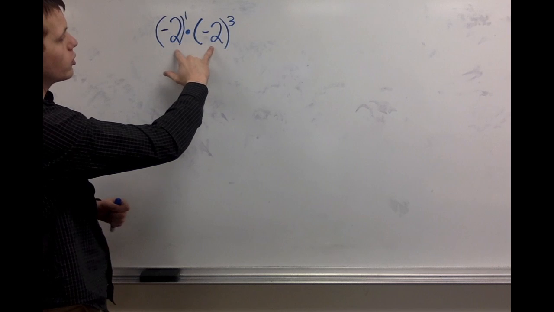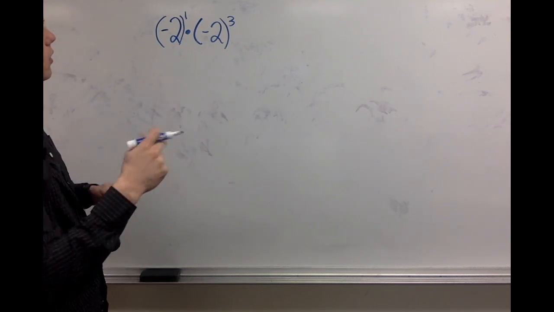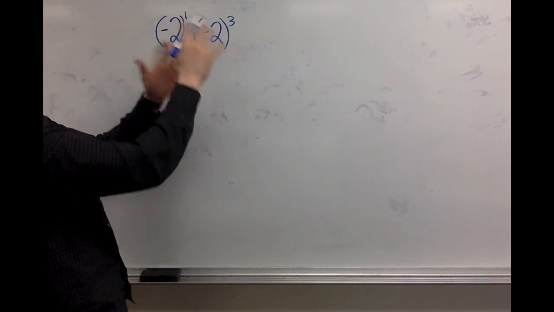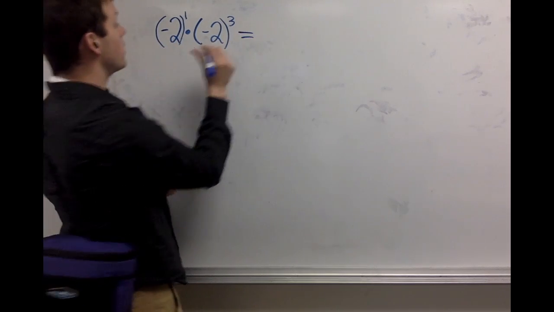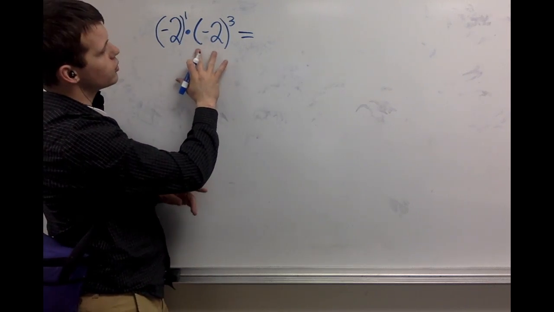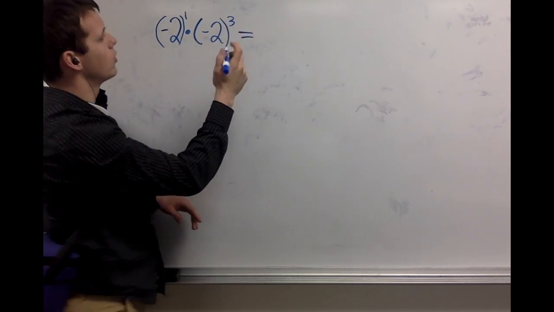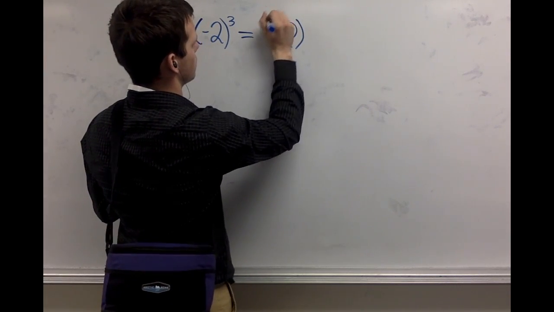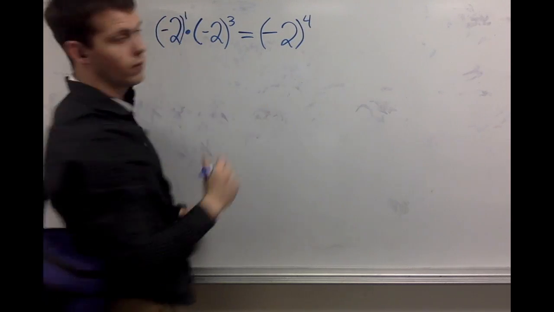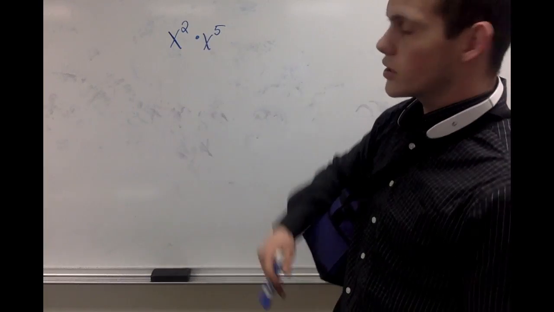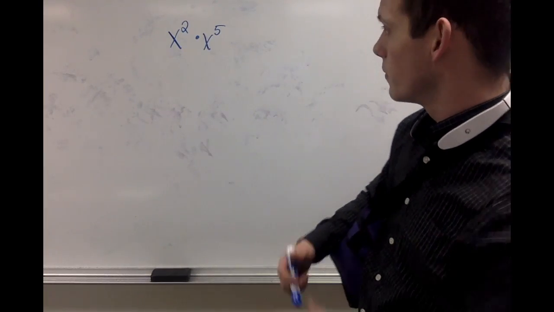And since we're trying to multiply numbers, we want to add the exponents. So we have a negative 2 to the 1st times a negative 2 to the 3rd. So our answer is going to be negative 2 to the 4th.